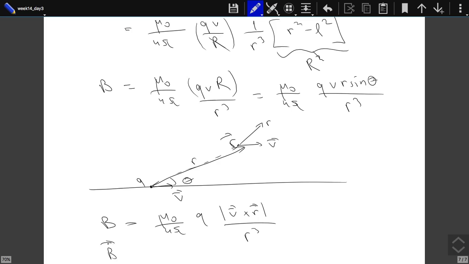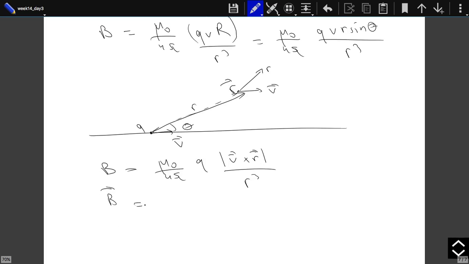And we had already said that the B vector is just B in the phi hat direction. This was how we define the B vector. Now, what is the direction of v cross r? Phi hat. So you see, the magnitude of this B vector is the same as the magnitude of mu 0 over 4 pi q v cross r over r cubed.